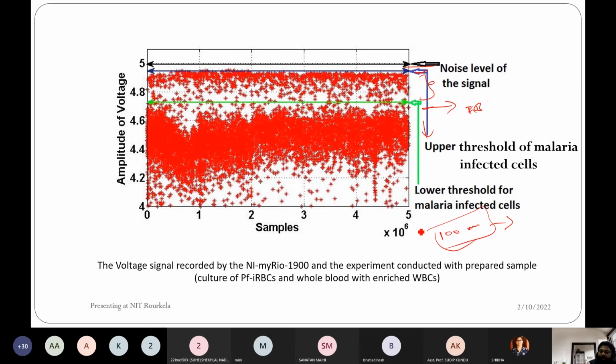Here you can get quantitative information. Suppose you found 10,000 cells in total, out of which 100 are infected, then you will find 100 infected cells.